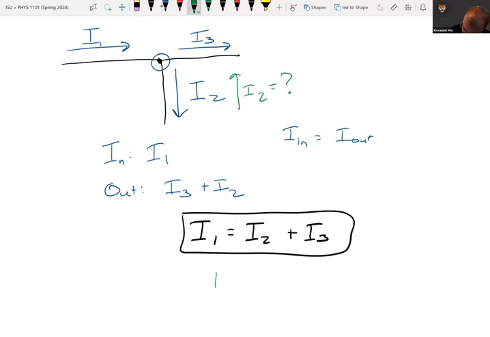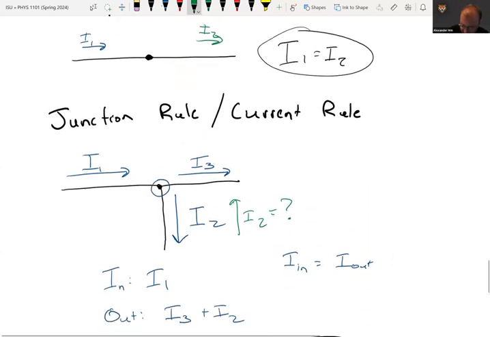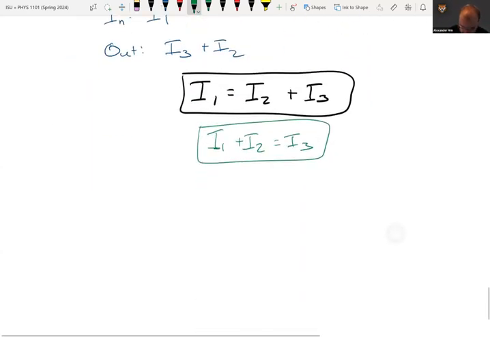In that case, you would get I1 plus I2 is equal to I3. But it's not imperative that you get the direction right, because eventually when you do your analysis, your numbers will work out and tell you if you picked right or not. So that's the idea. Okay, so this is the main junction or current rule.